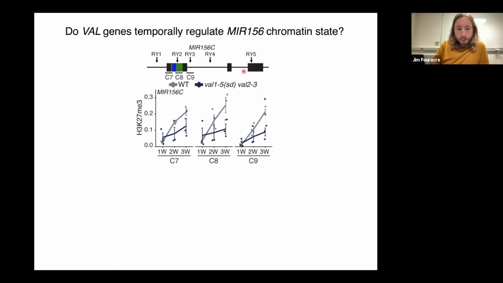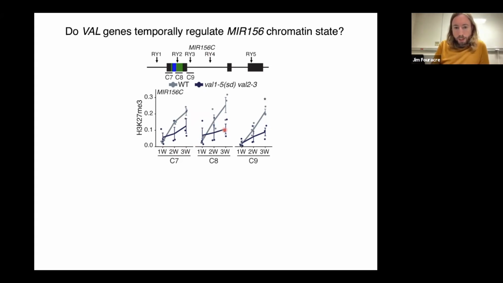In terms of H3K27 deposition in wild type, again in silver, you see this very characteristic temporal increase in the deposition of its histone mark. In the val1, val2 double, you do see an attenuation of this temporal increase. So it does appear that Val genes are important for the temporal pattern of H3K27 deposition.